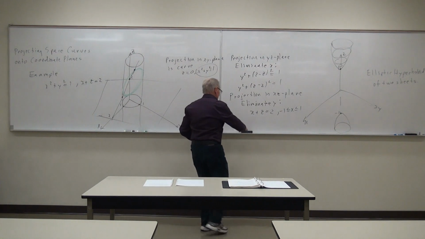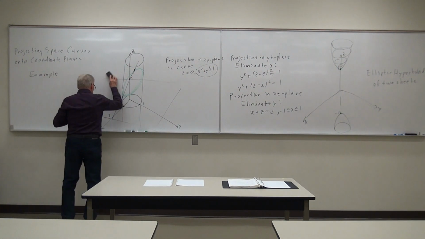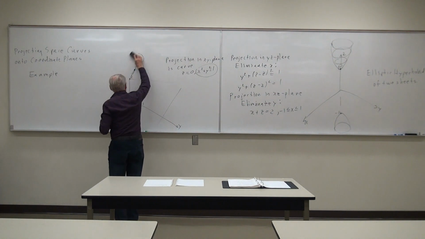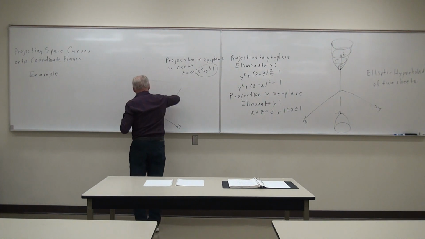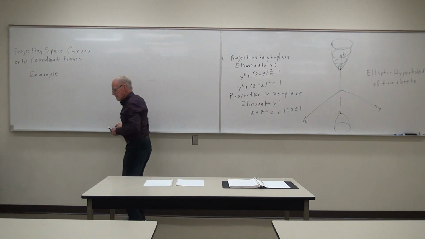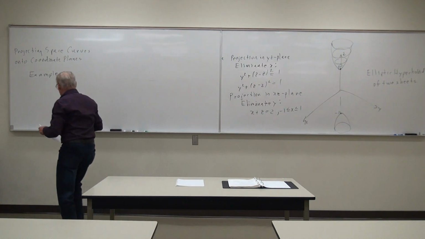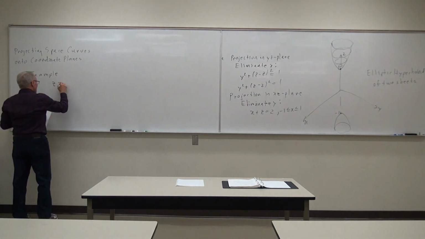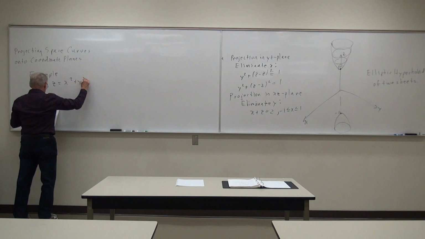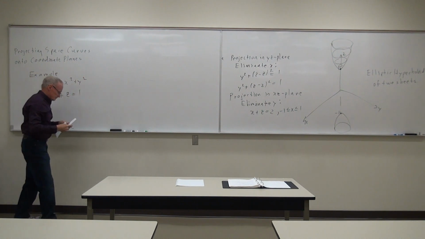One last example of this idea of projecting. So let me take a new example. z is equal to x squared plus y squared, and 2x plus z is equal to 1.